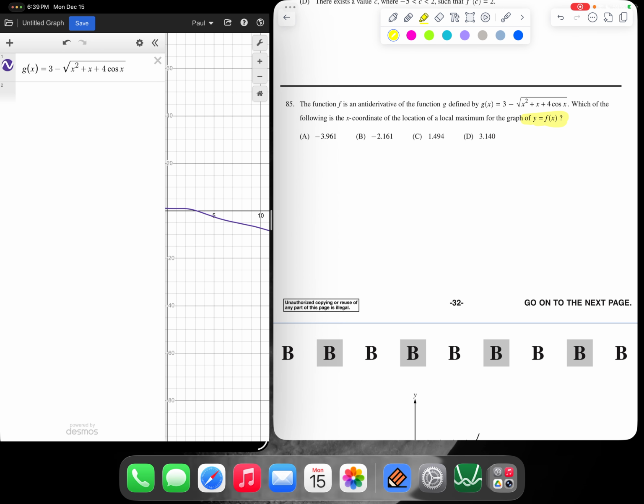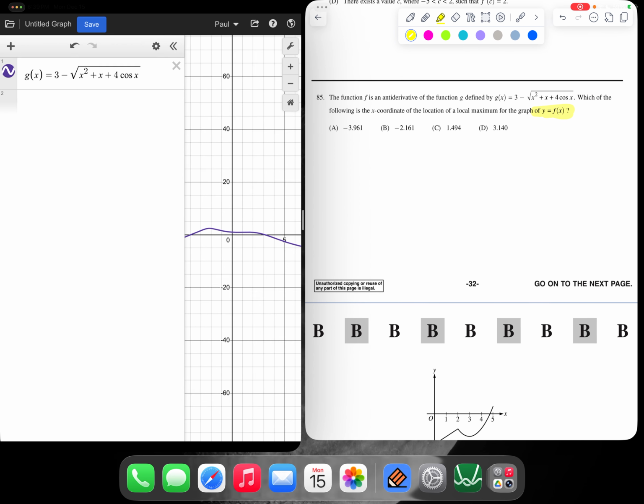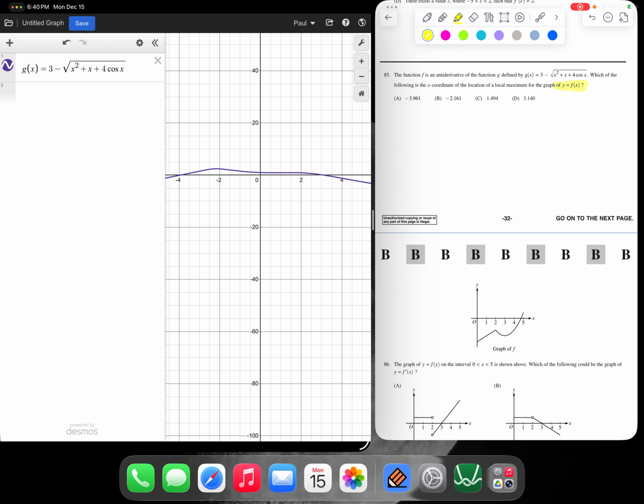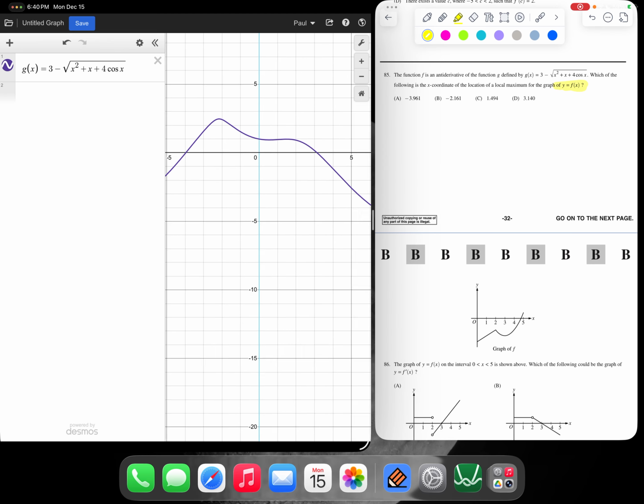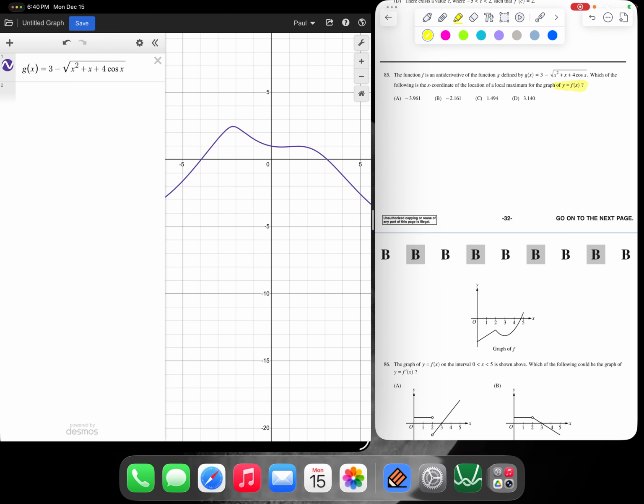Okay. Now it looks like, based on the choices, we really only care about this graph between, I don't know, -4 and +4. I'm going to adjust my axes so that I see it a little bit better. Now, remember the question is about f of x, which is the antiderivative of this. We're looking at g of x. We're looking at the derivative of the function they're asking about.